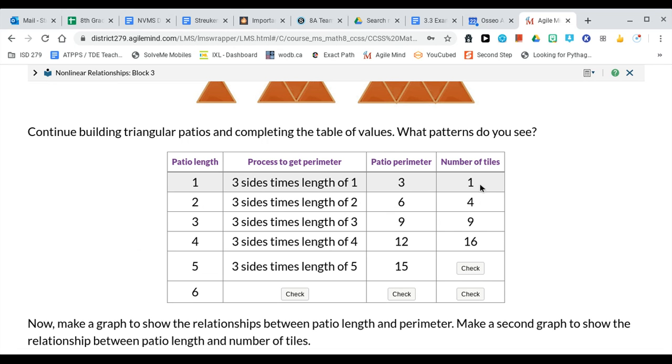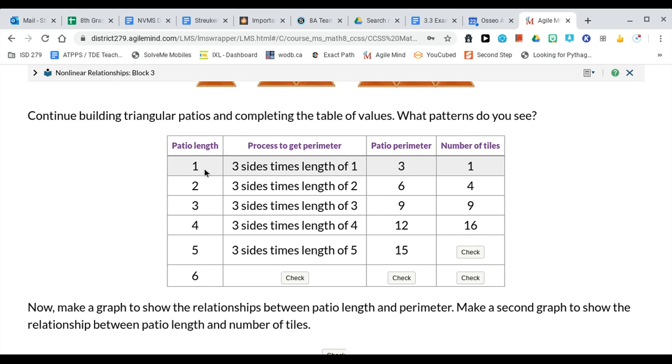I see 1 and 1, 2 and 4, 3 and 9, 4 and 16. What that tells me is that I am squaring each of these numbers. 1 squared, or 1 times 1 is 1. 2 squared, or 2 times 2 is 4. 3 squared, or 3 times 3 is 9. And 4 squared, or 4 times 4 is 16. So for number 5, my pattern then would be 5 times 5, or 5 squared, which gives me 25.